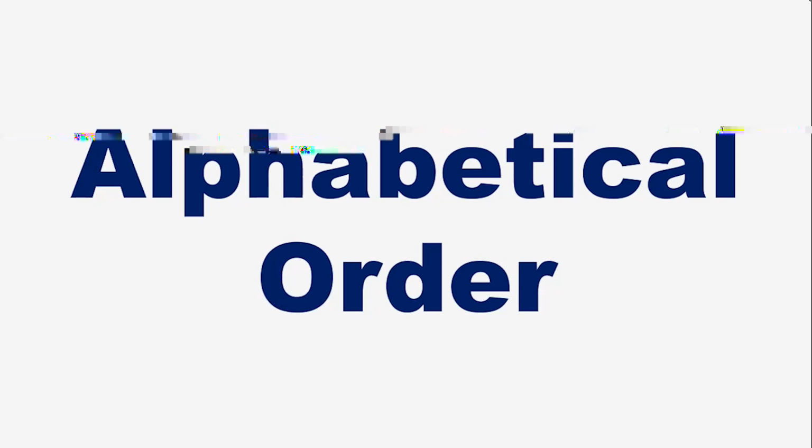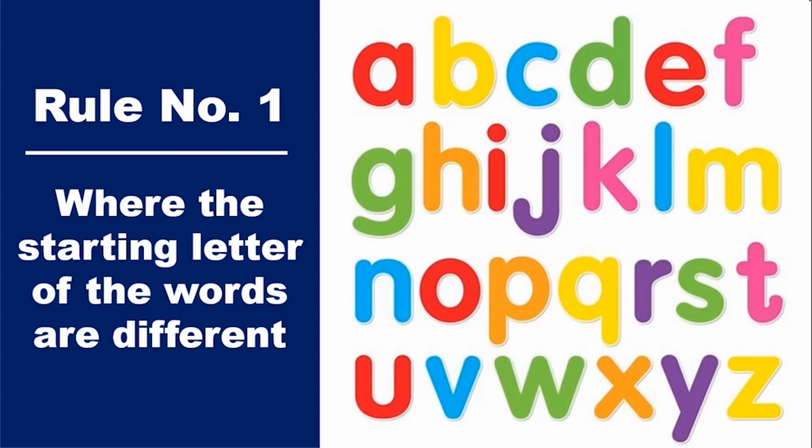Let's get started. So when we say alphabetical order, we visualize alphabets, all the alphabets from A to Z. Okay. So the first rule says where the starting letter of the words are different. You will be given many words, like 3 to 4 words, and you have to see the starting letter of the word.